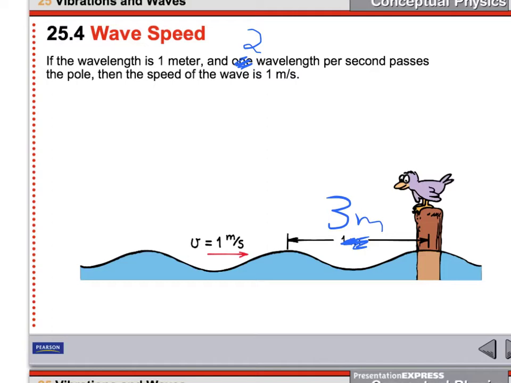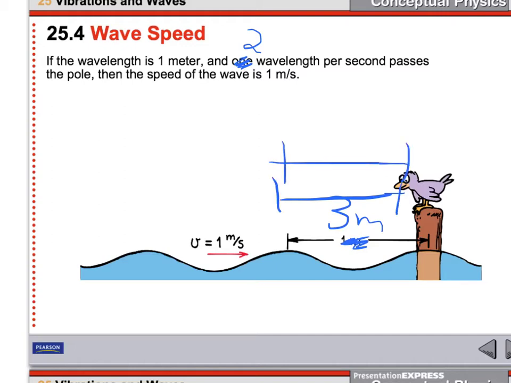But what about how fast that wave is actually moving? So I've got wavelengths of 3 meters, and every second, 2 waves pass by. So now I've got 3 meters per wave, and every second I'm getting 2 of these 3 meter waves to pass.